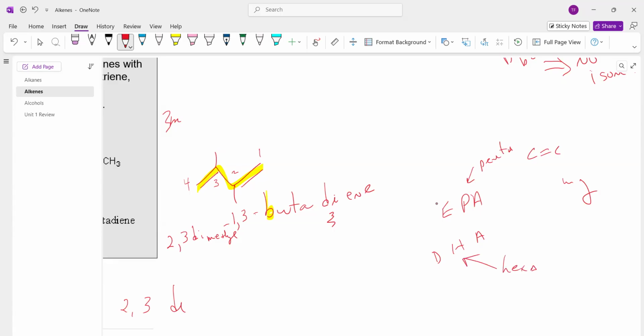DHA has 6 double bonds. So this is named icosapentaenoic acid. Don't worry about naming it. We'll get to that when we get to fatty acids, which is unit 3. This is docosahexaenoic acid. So natural molecules have a ton of double bonds, a ton.